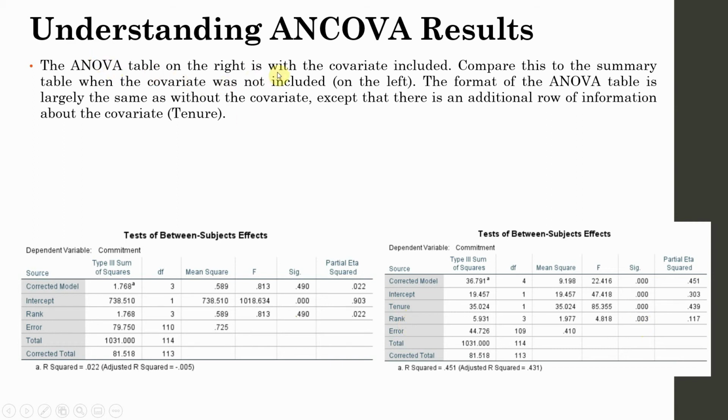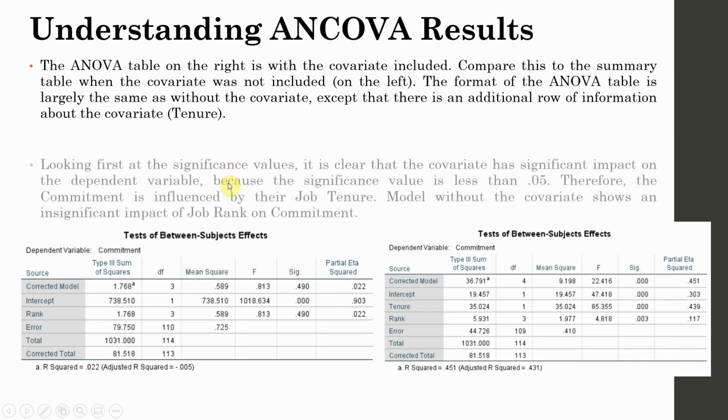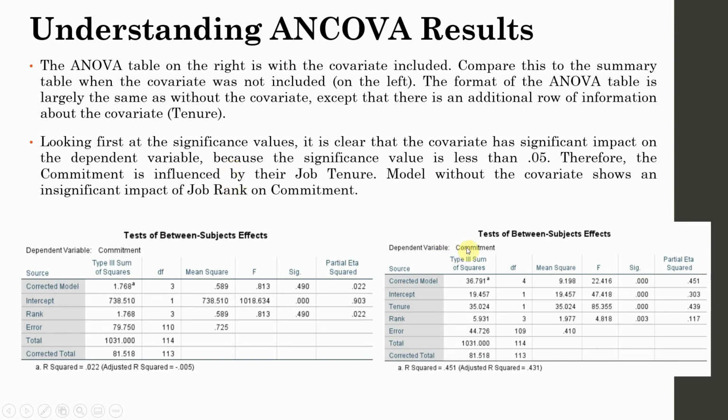The ANCOVA table on the right is with the covariate, and the table on the left is without the covariate, that is tenure. Now look at these values here. Again, when you are not controlling for the effect of tenure, your job rank does not affect your dependent variable. But when you are controlling the effect of tenure, there is a significant impact of rank on commitment.